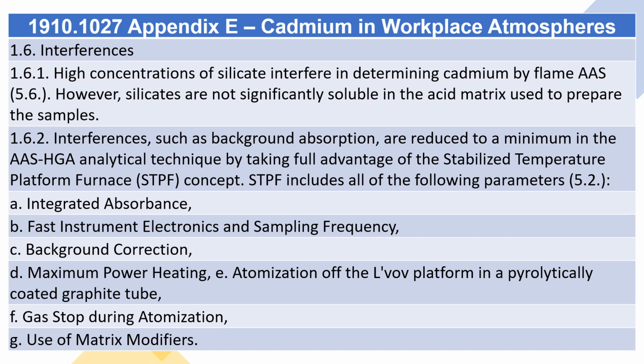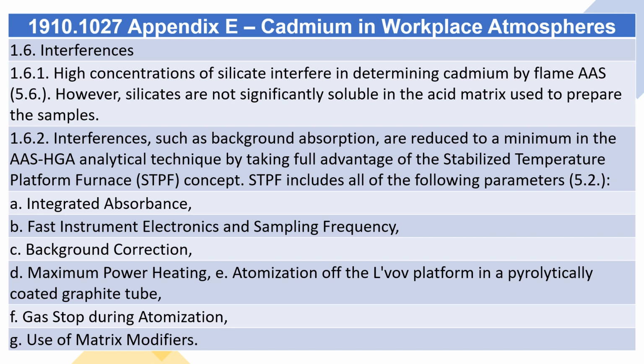1.6. Interferences. 1.6.1. High concentrations of silicate interfere in determining cadmium by flame AAS. However, silicates are not significantly soluble in the acid matrix used to prepare the samples. 1.6.2. Interferences, such as background absorption, are reduced to a minimum in the AAS-HGA analytical technique by taking full advantage of the stabilized temperature platform furnace (STPF) concept.